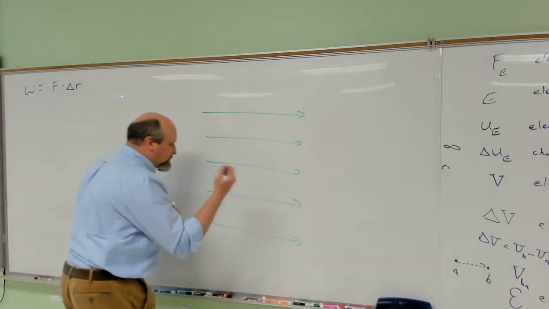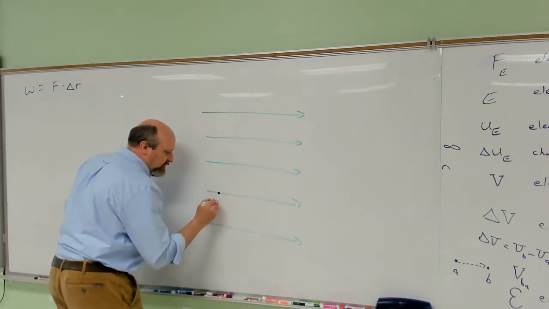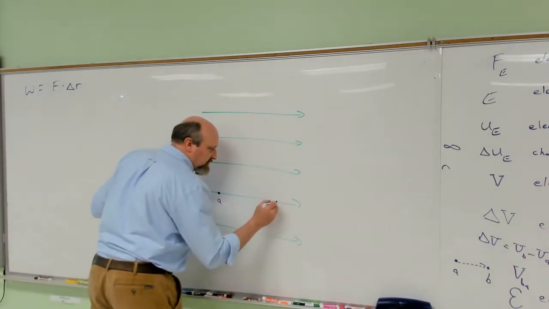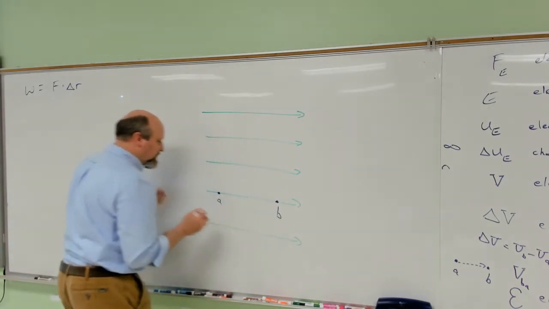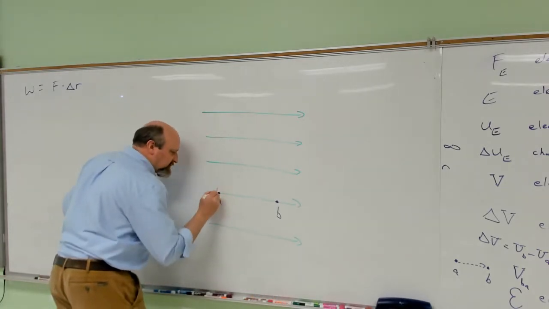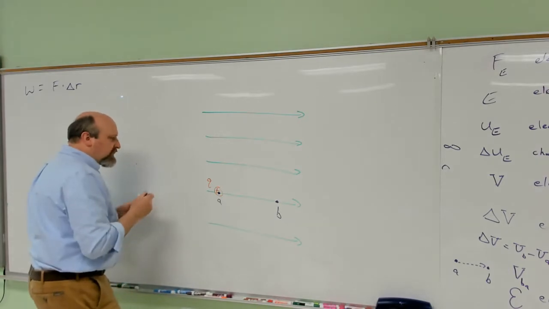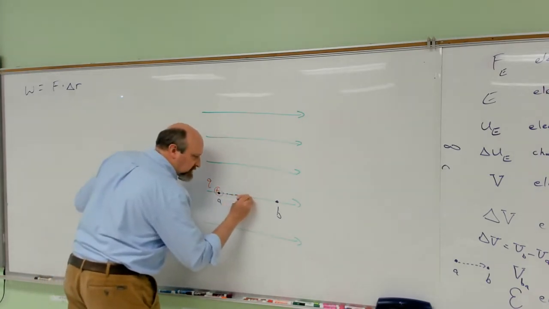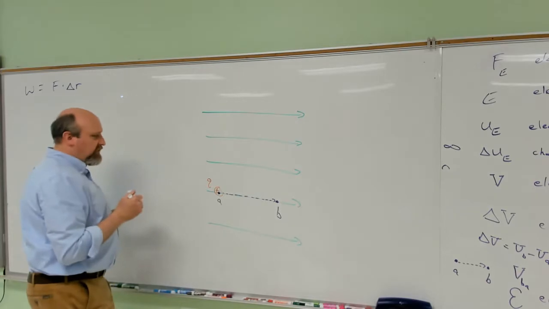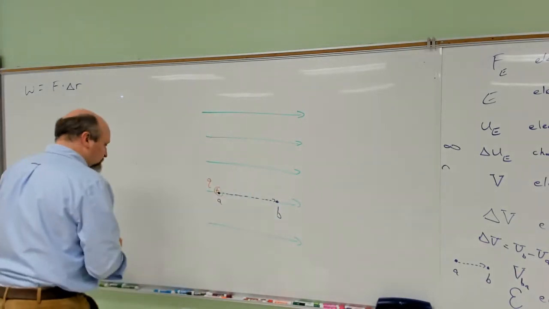Say that I want to move a charged particle from here, we'll call that location A, to here, location B. And we'll say my charged particle, let's make it a positively charged particle, a little positive q. While it moves from A to B, that electric field would be pushing on that charge. There'd be an electric force shoving on it.